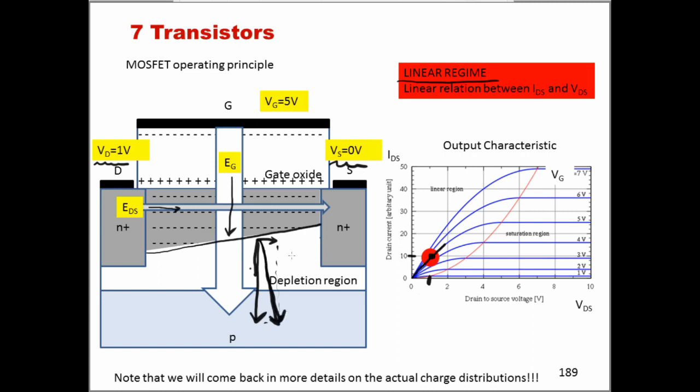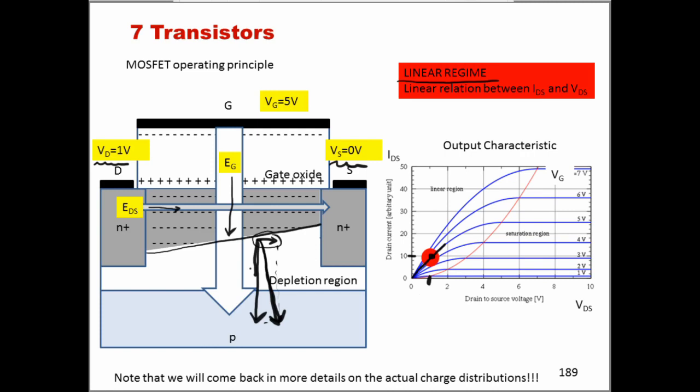So we should expect that if we keep increasing the horizontal electric field, the total electric field will keep deviating from the vertical direction, and so will the spatial distribution of these minority carriers in the channel region.